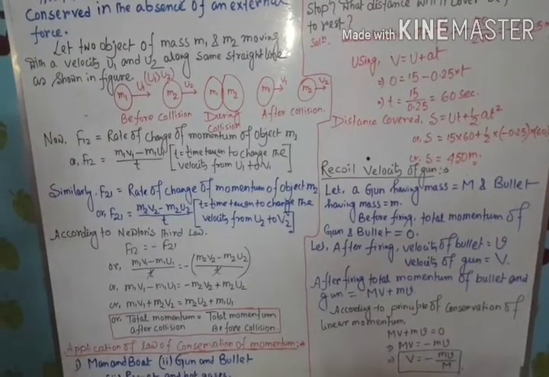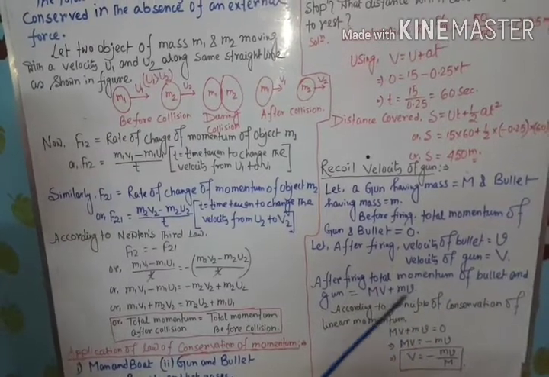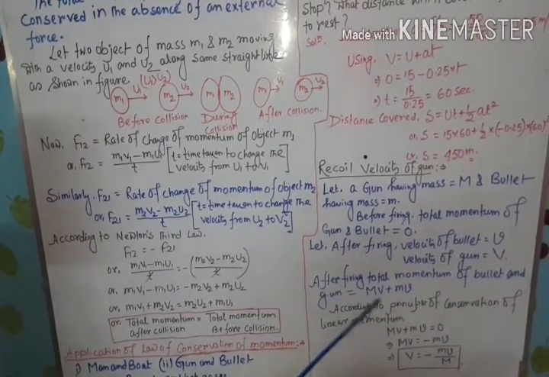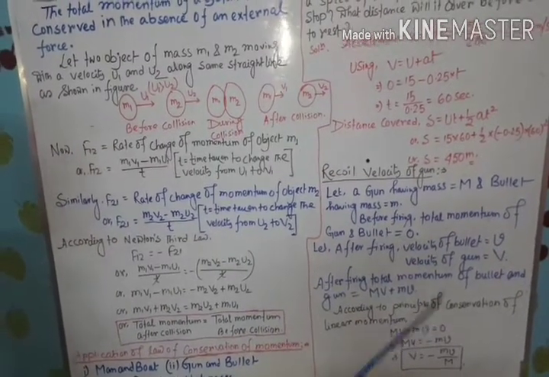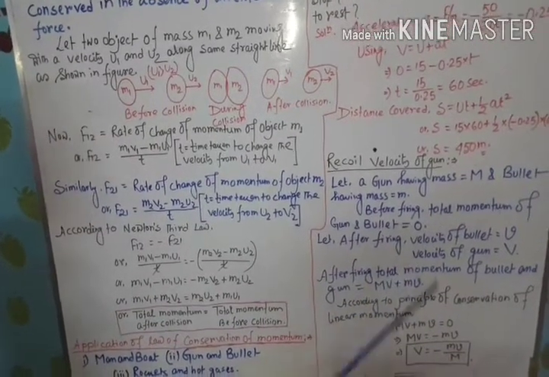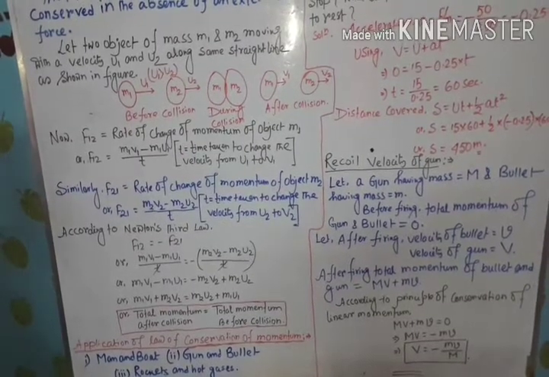So after firing both the bullet and gun have some velocity. It means the total momentum of the bullet and gun system after firing is MV plus mv. This is the momentum of the gun and this is the momentum of the bullet. And according to the principle of conservation of linear momentum, we can say the total momentum before firing should be equal to the total momentum after firing.